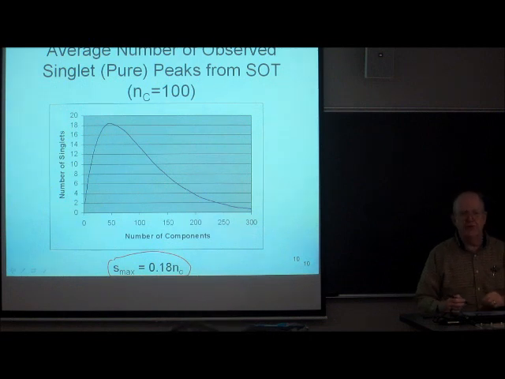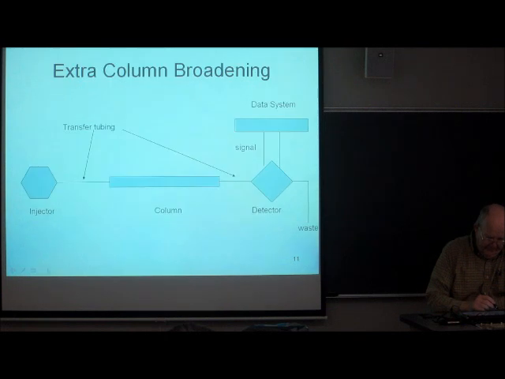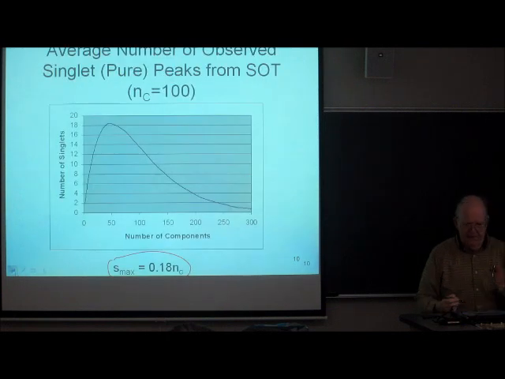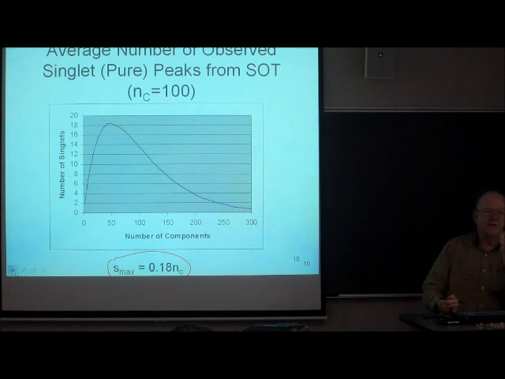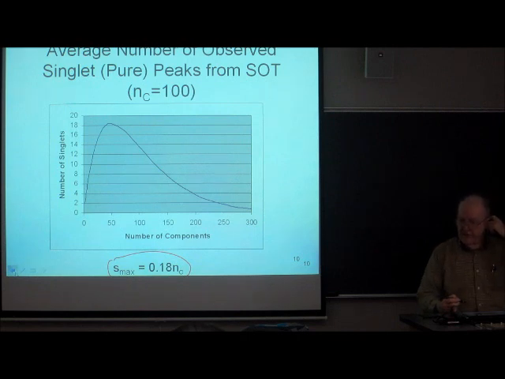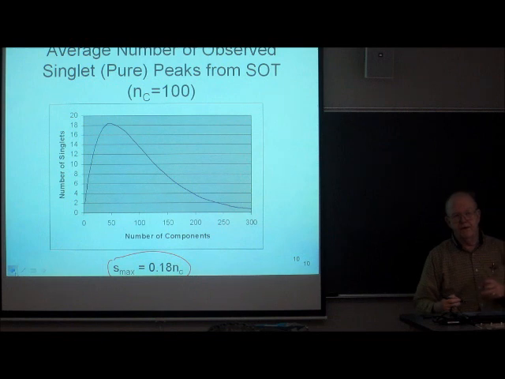You've got to resolve those mixtures better. Okay, so those are the basic ideas behind the statistical overlap theory. This is the essence of it. As I said, the literature is loaded with papers on this subject. It has become a very important topic, especially when we're dealing with really complicated mixtures.